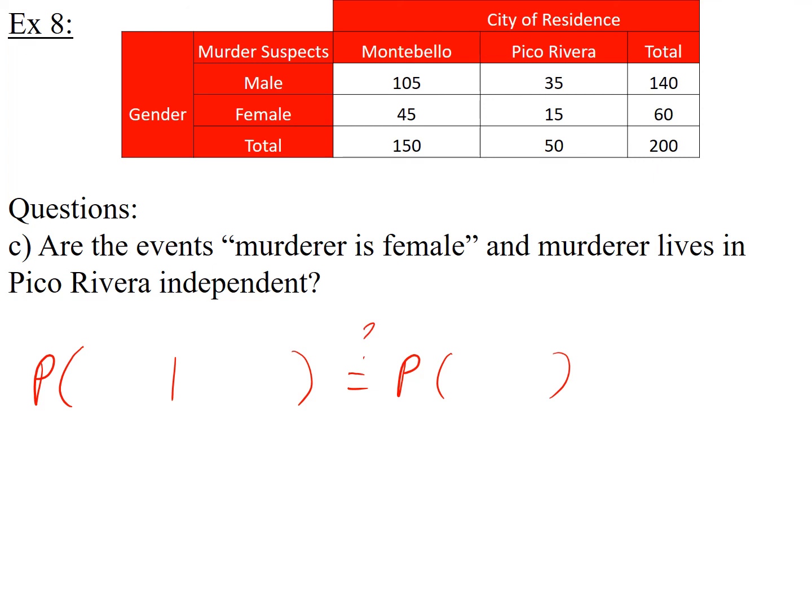So I'm going to put female either here or here, and I'm going to put Pico Rivera either here or here. It doesn't matter, but put one of them first, put one of them second. And I'm going to go ahead and put female first and Pico Rivera second because we already found that one. So let me go ahead and erase this now.